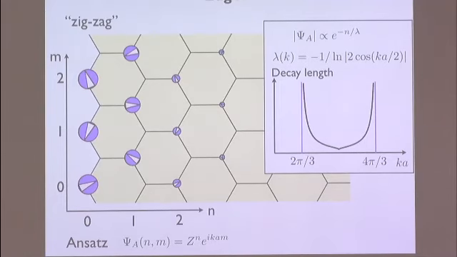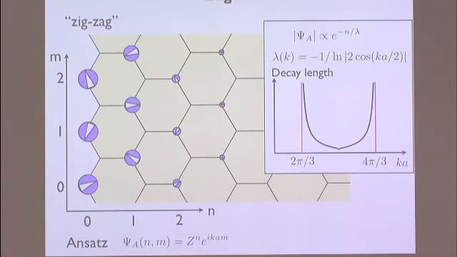Yeah? K is the wave number along the boundary. And so it turns out that you find these edge states only for k in a certain interval. And as you approach the boundaries of this interval, the decay length diverges logarithmically.